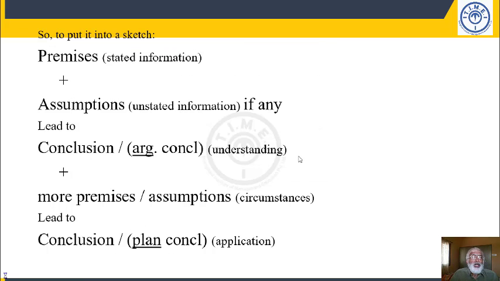Moving on, if we were to sketch it, if we were to put it together briefly, you have premises. Let's just use a few lines here. These premises add up in a certain fashion and they lead to an element of understanding. So we have that as a conclusion if we want to stop with that understanding.